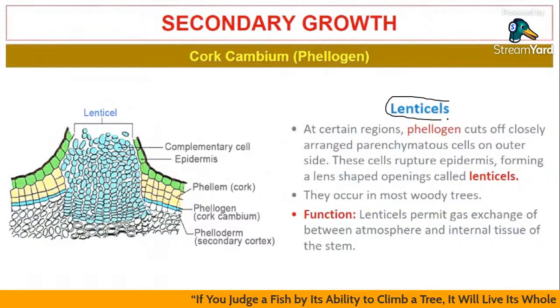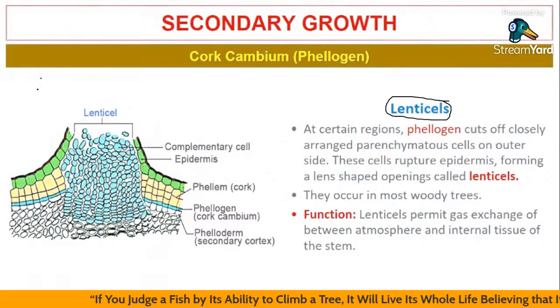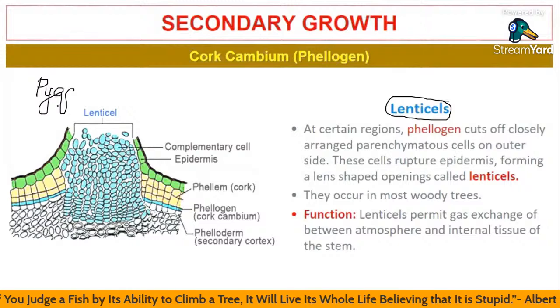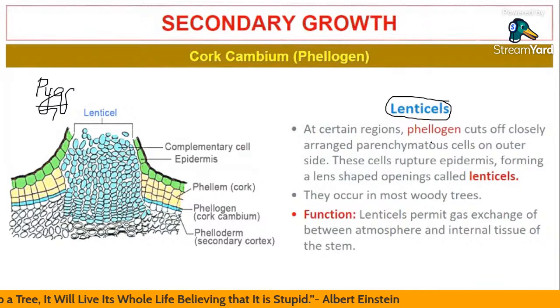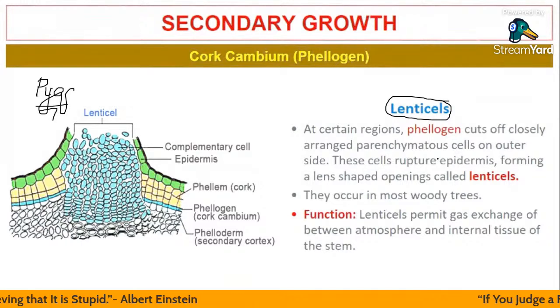Lenticels, very important, a very common one. This diagram was a previous year MCQ question. At certain regions, the phellogen cuts loosely arranged parenchymatous cells on the outer side.